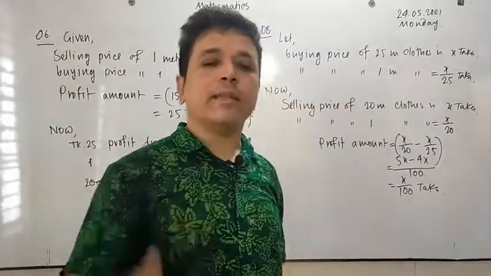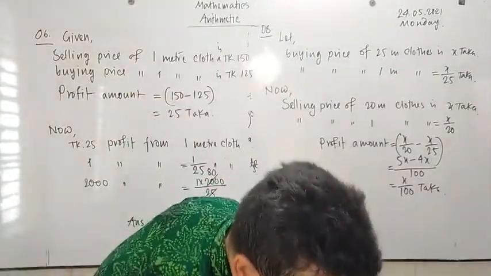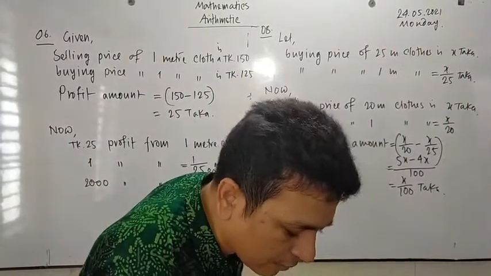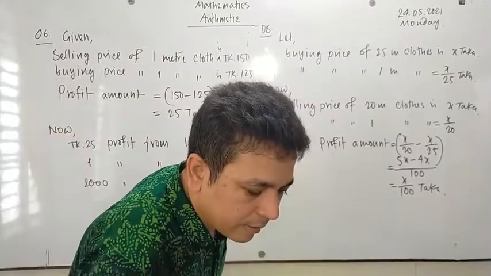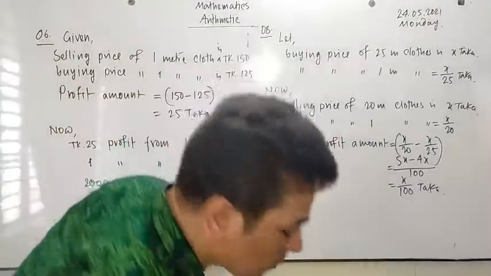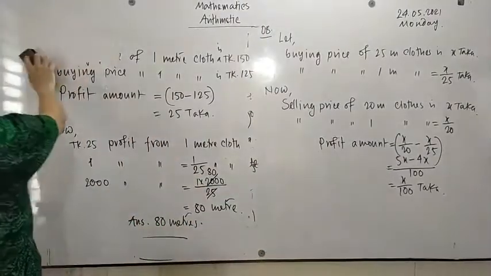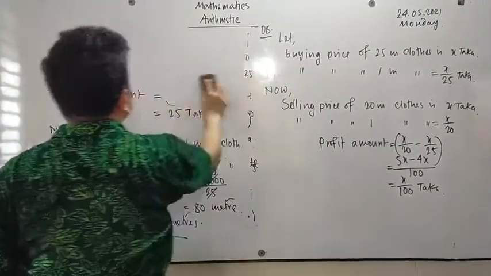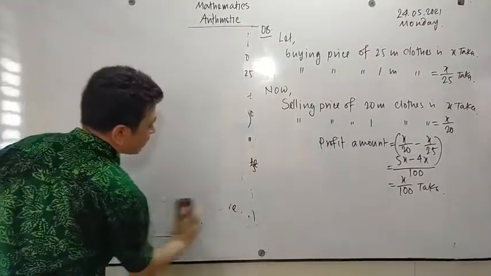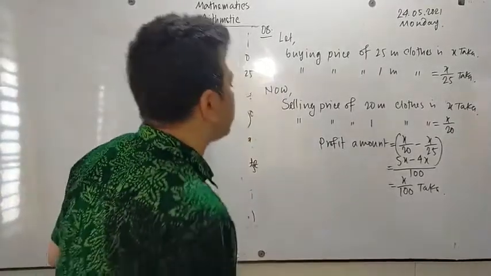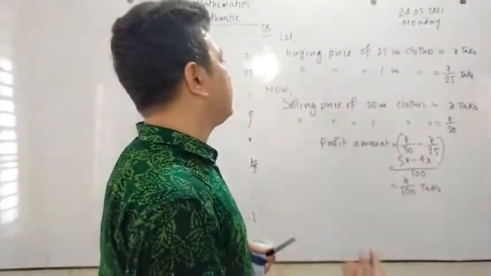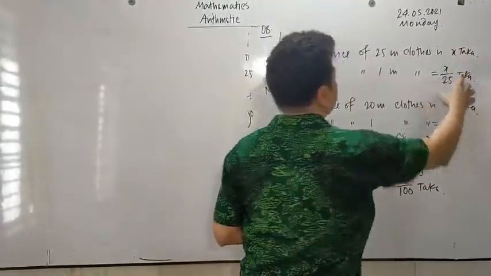They asked us for the percentage of profit. The question was what is the percentage of profit or loss, so we are just finding the percentage of profit or loss. We already have our profit amount from 1 meter of cloth. This profit comes from the buying price.